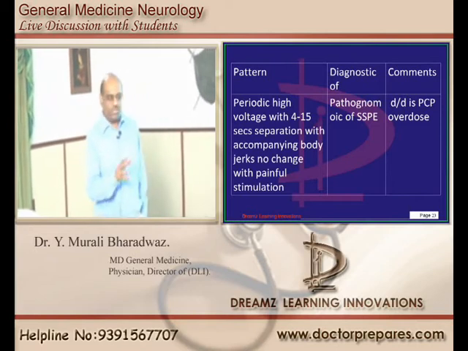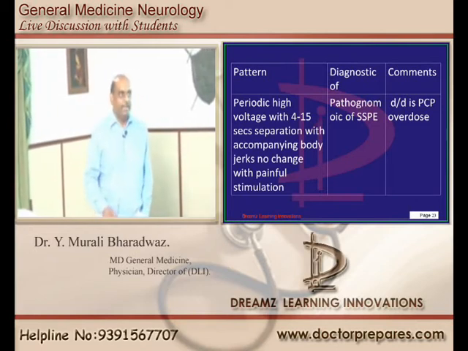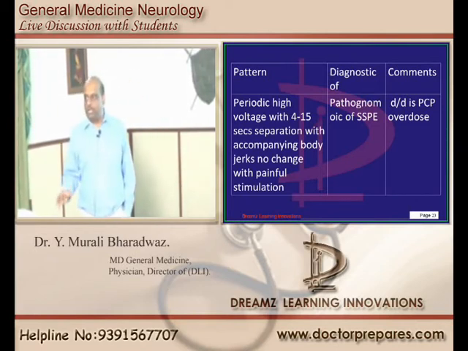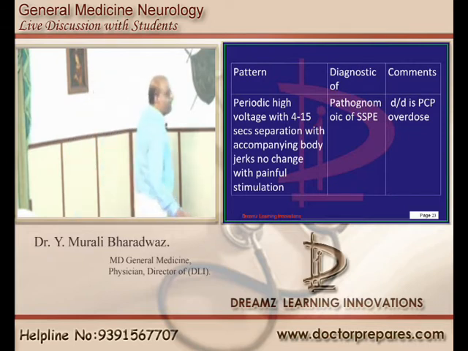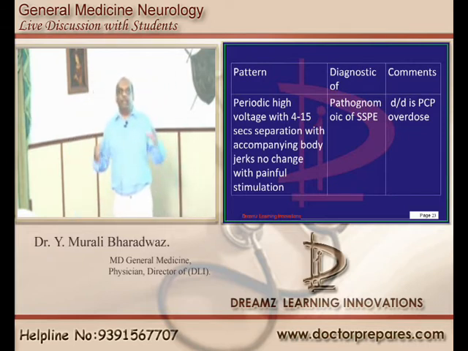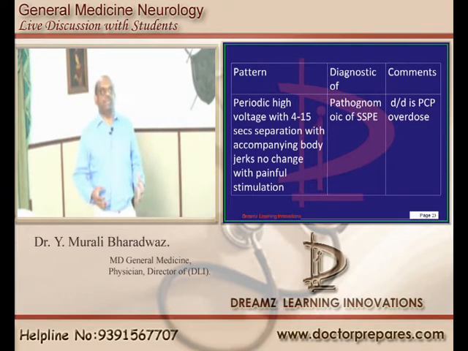Then those who had measles at a later point of their life will develop a sclerosing panencephalitis. There is a sclerosis throughout the brain and it is subacute, not acute, but it is a late complication. If measles comes today, the next day it won't come, it comes after some days. So how do you identify that? Typically due to this panencephalitis which is sclerosing, they develop myoclonic jerks. That's how you identify.